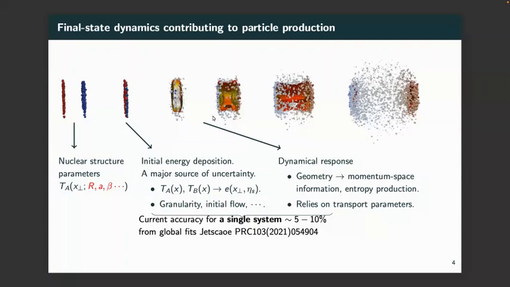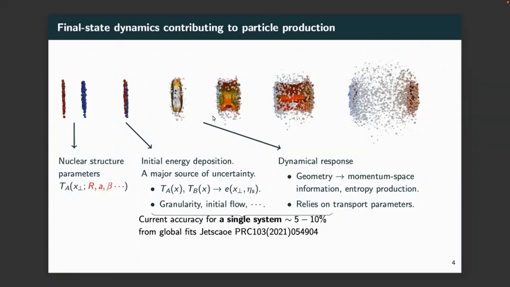You also need to model the level of fluctuation or granularity, not just at the nucleon level but also inside the nucleus, and whether there are initial flows in this process. And then there are dynamical models producing more entropy and particles. And there is some hydrodynamic type of response that translates geometry and energy densities into final state momentum space information, including the typical mean pT and elliptic flow, and all of this relies on the transport parameters.